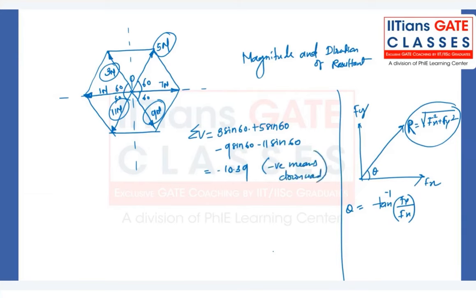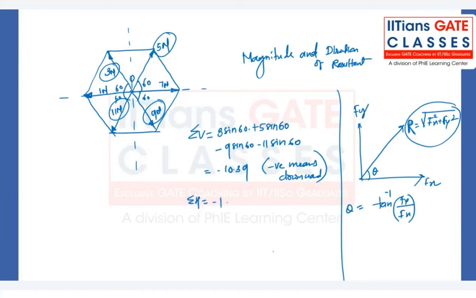Not on the x-axis, Vaibhav. 12 Newton is the correct answer, but not on the x-axis. Check it again. Summation of horizontal is what? Now 1 Newton is on the left hand side, so I should consider minus 1.